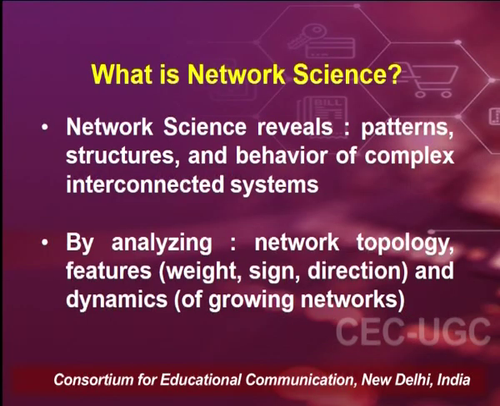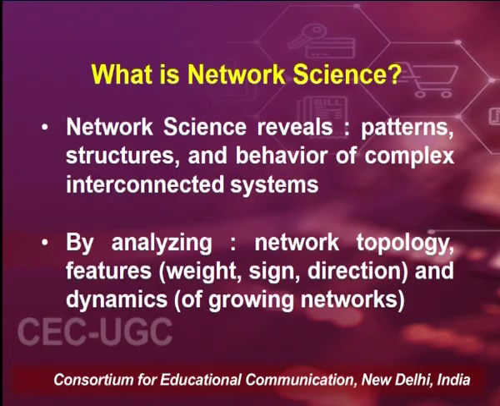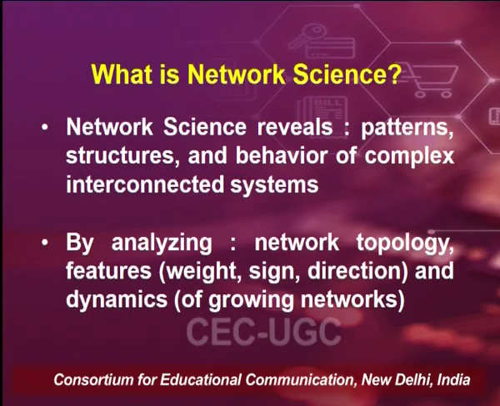These network science techniques reveal the patterns, structures, and behavior of complex interconnected systems. Patterns means what kind of pattern is followed when communication is going on between multiple profiles, or what kind of behavior the nodes are showing, whether they represent themselves as hubs, or receivers of information, or relaying the information to other nodes.